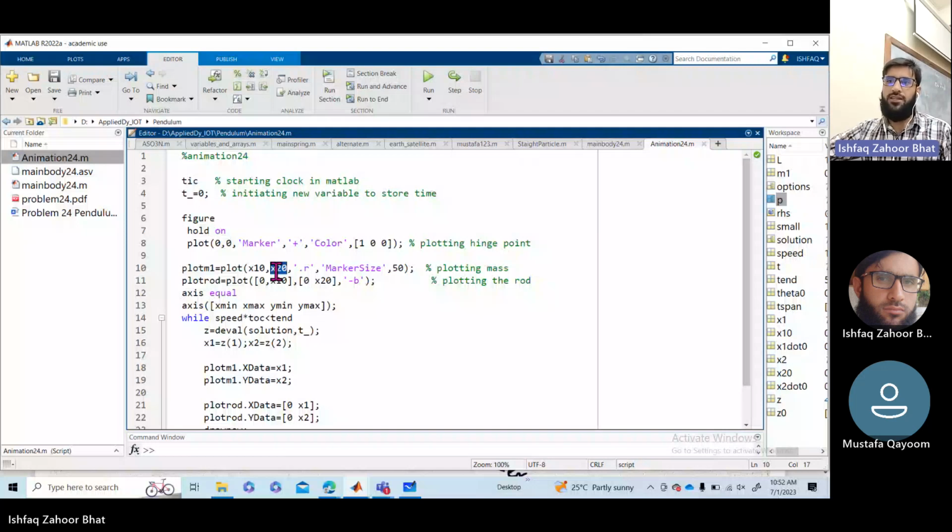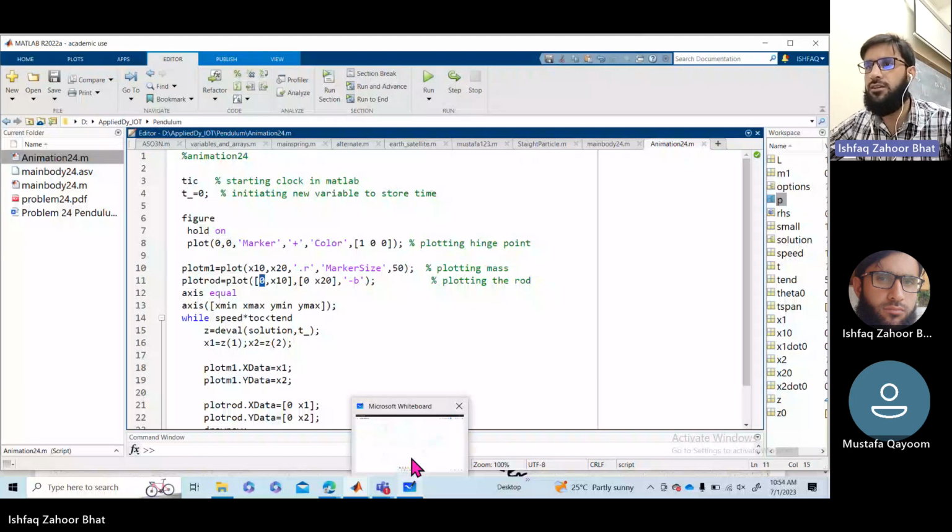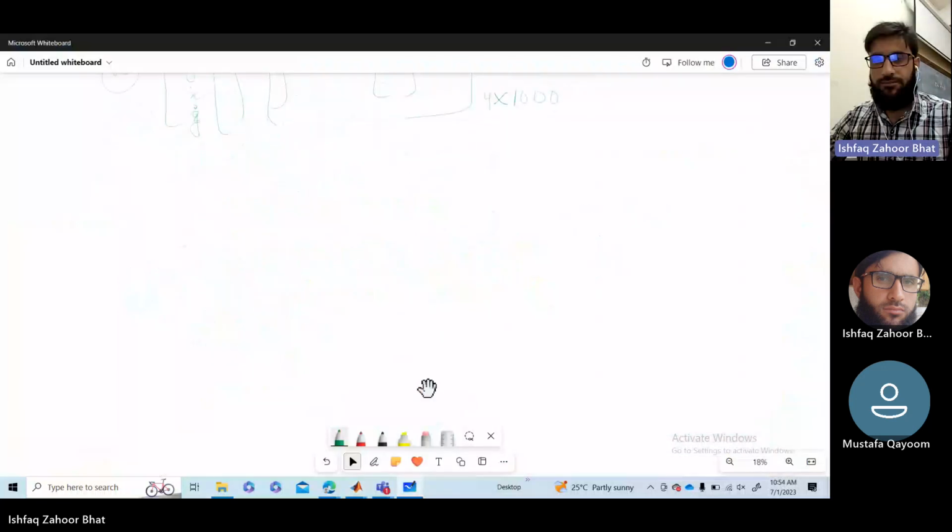Okay, so initially, see where the rod is. Initially, one point of the rod is at 0, 0. See, a rod has two ends. Let me draw it here. So our rod has two ends.